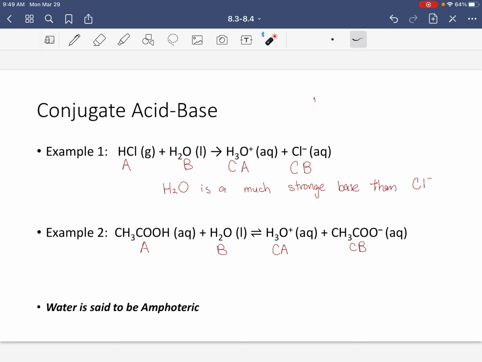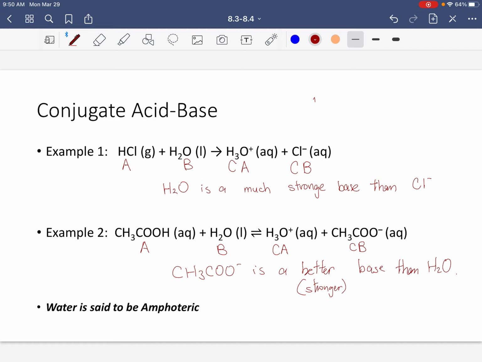Why? Simple. Because acetate is a better, or in this case, stronger base than water. Okay?